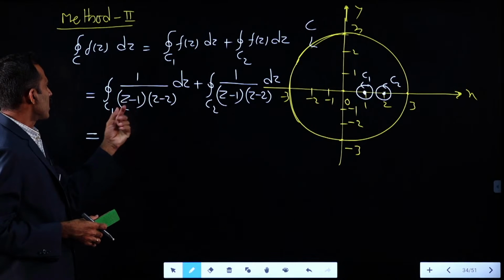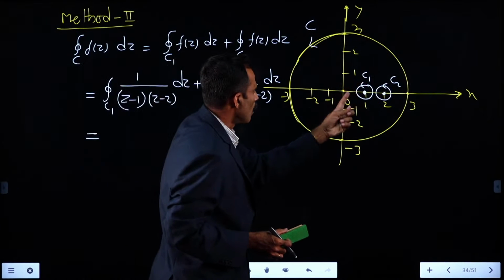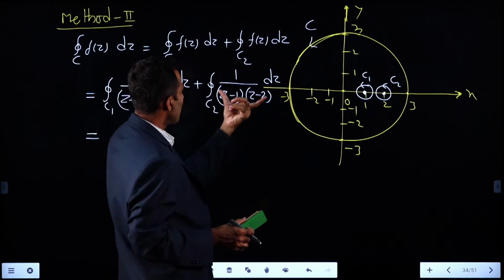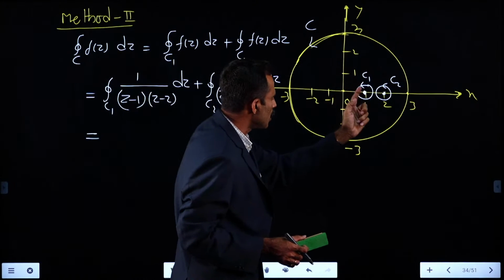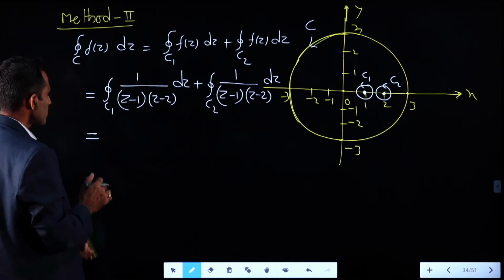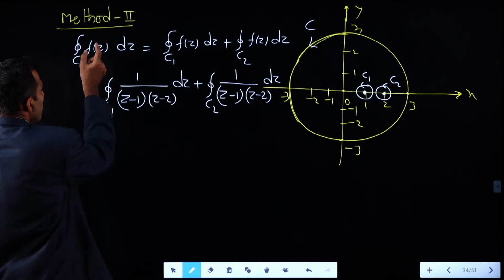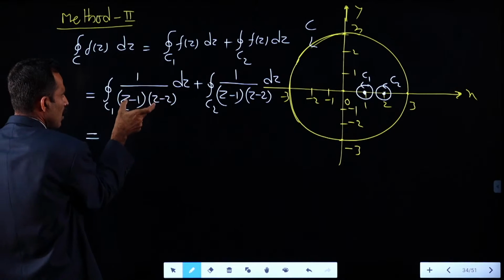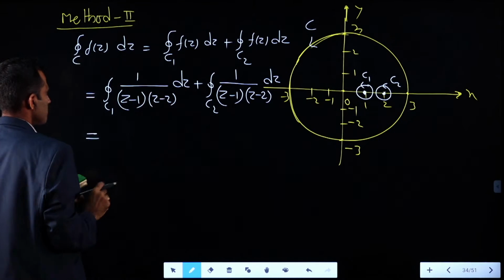So evaluate this integral along the circle C1, and evaluate the integral along the circle C2. The integral along C is the same as the integral along C1 plus along C2 only.